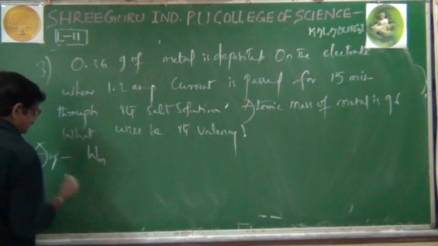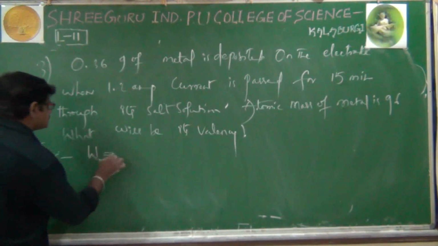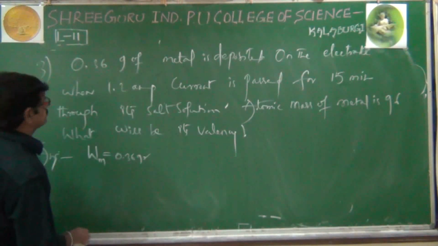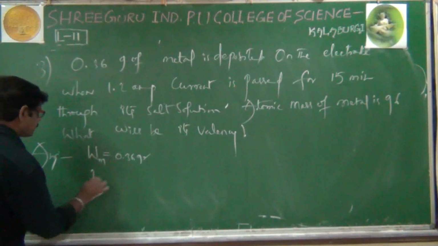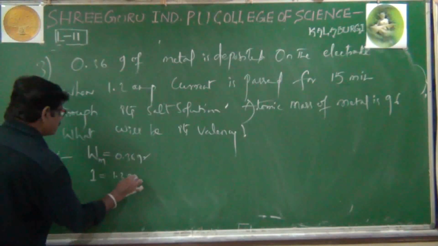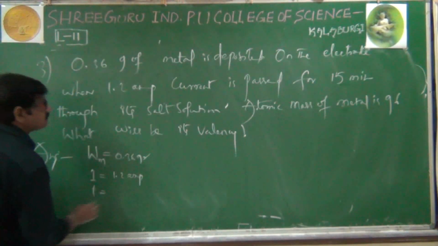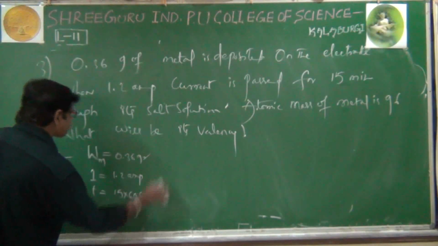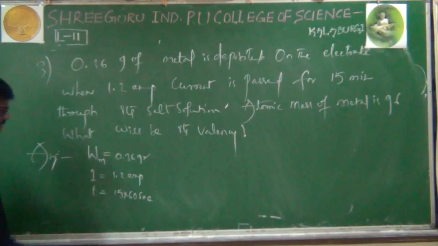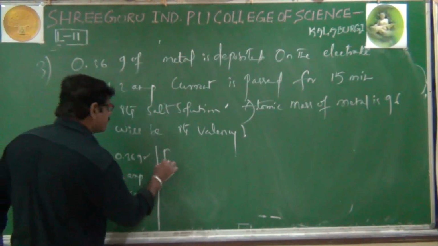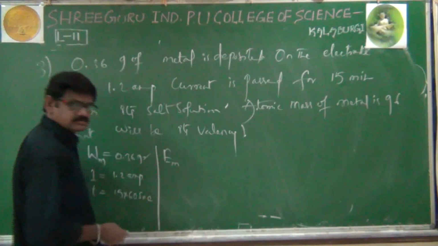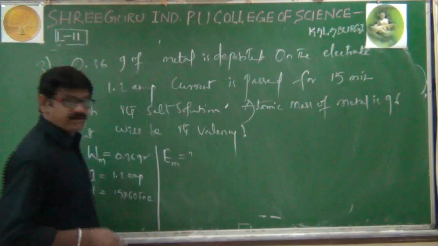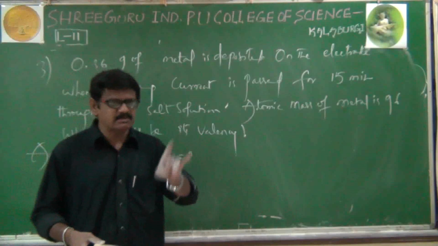Answer. Mass of metal, M, is 0.36 grams. The I value is 1.2 amperes and the T value is 15 minutes, nothing but 15 into 60 seconds. Next, the equivalent mass of the metal we don't know, because equivalent mass is atomic mass by valency.